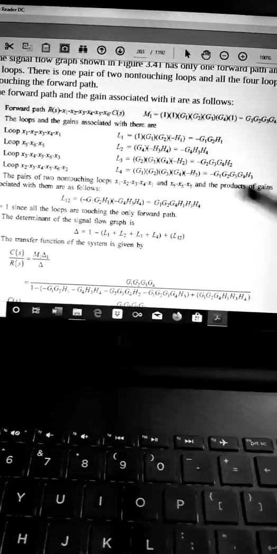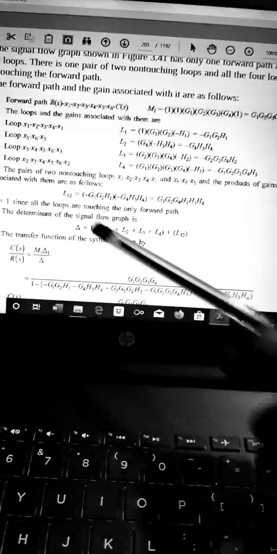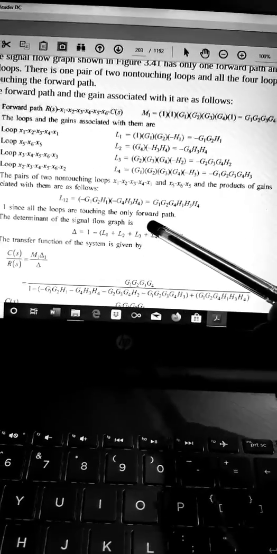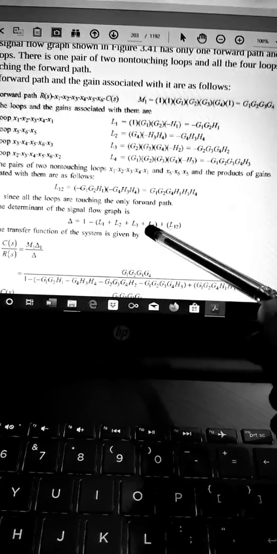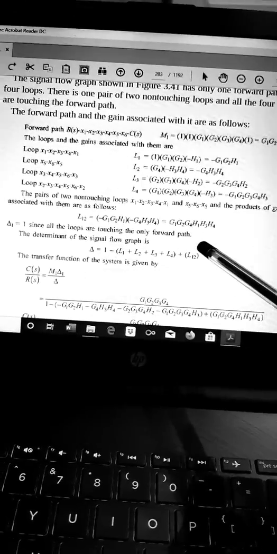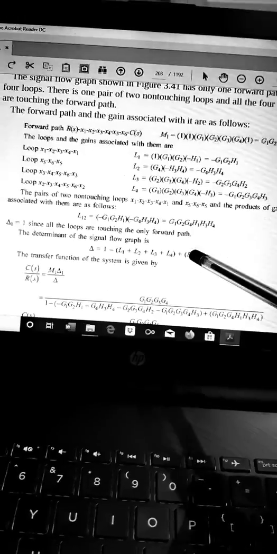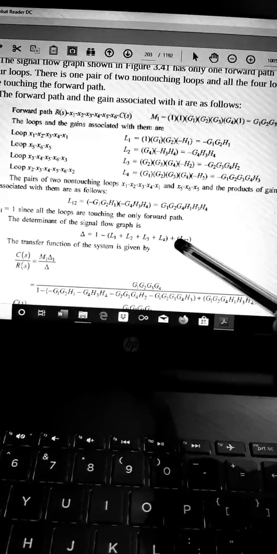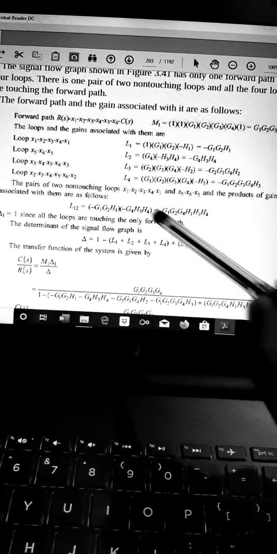That is used in your main delta. Delta is 1 minus the loop gains, then plus the product of gains of non-touching pair loops, only one pair, so that is L12 that you will calculate.